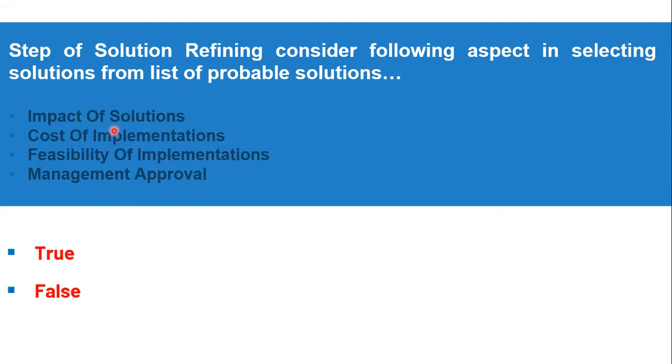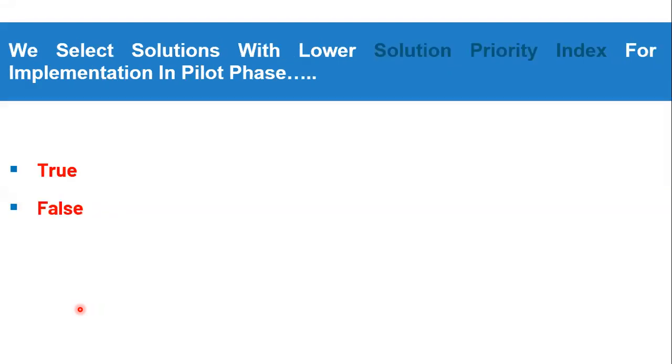True or false? And the answer is true. Yes, we do consider the impact of the solution, the cost of implementation of the given solution, then feasibility of implementation, and finally management approval. Based on that, we will select the most valuable solutions to be implemented in a pilot phase or pilot step.